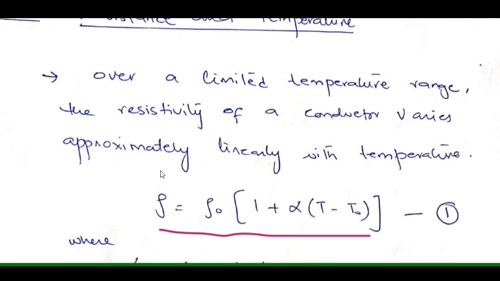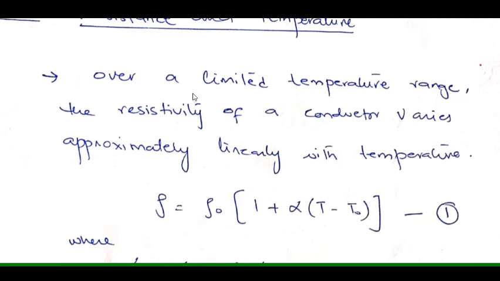In mechanics, when we are talking about linear expansion, we use L naught, and alpha stays the same, that is the coefficient of thermal expansion, and T and T naught stay the same. We have only replaced these L's with resistivity, and for the other we'll see that this is replaced by R, that is the resistance. So this is the same formula which we use in mechanics for thermal expansion.